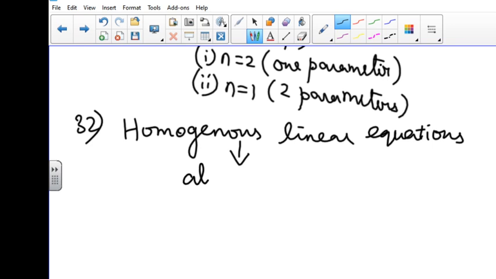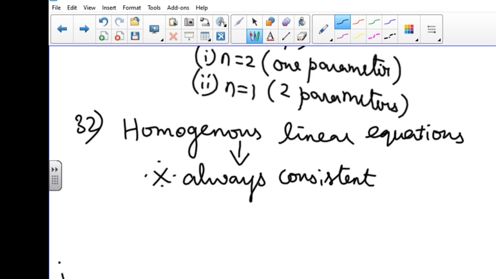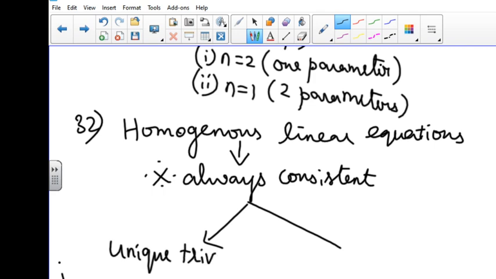This is always consistent. It is a very important 1-mark question. Homogeneous equations are always consistent, and you can give the solution in two cases. One is trivial, unique solution, that is the trivial solution.